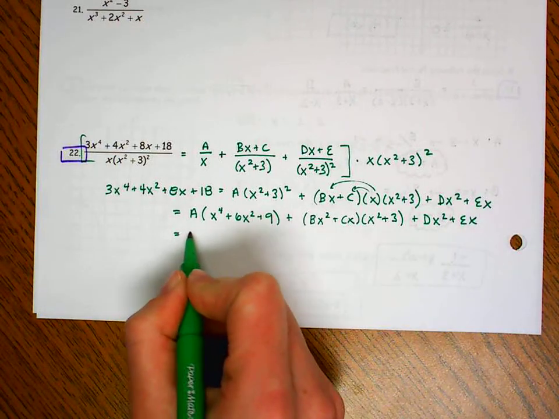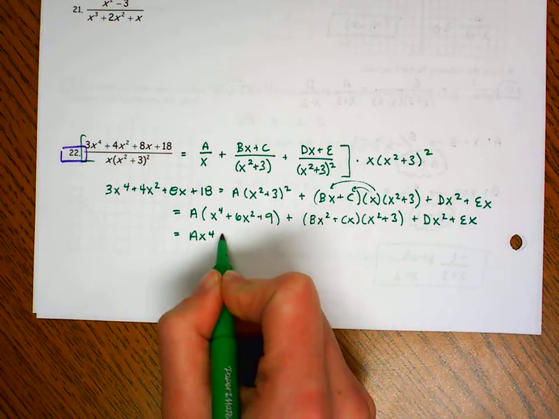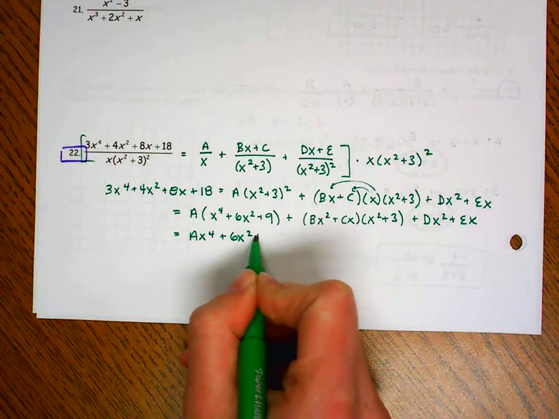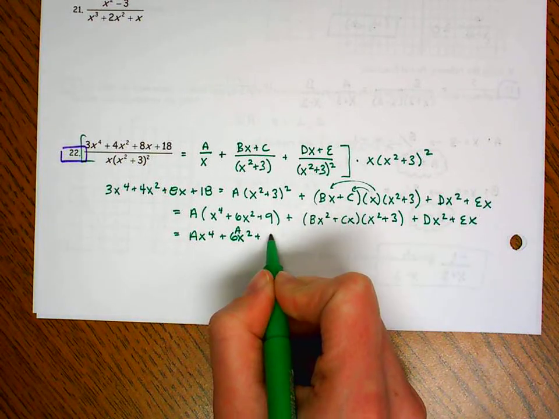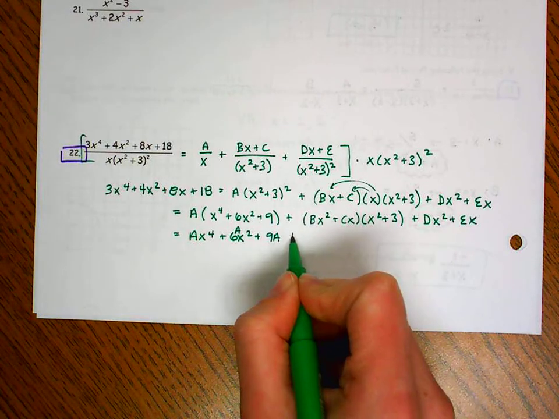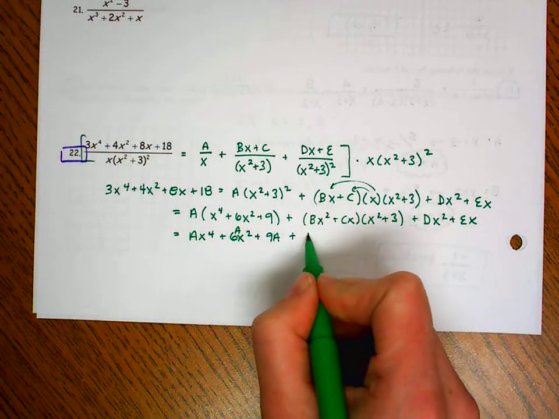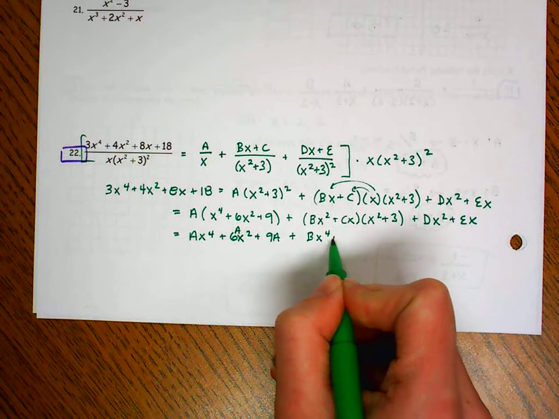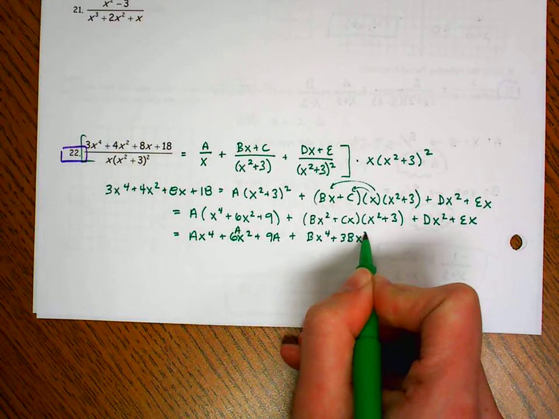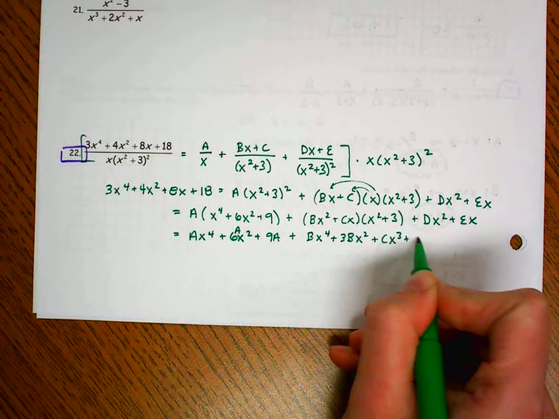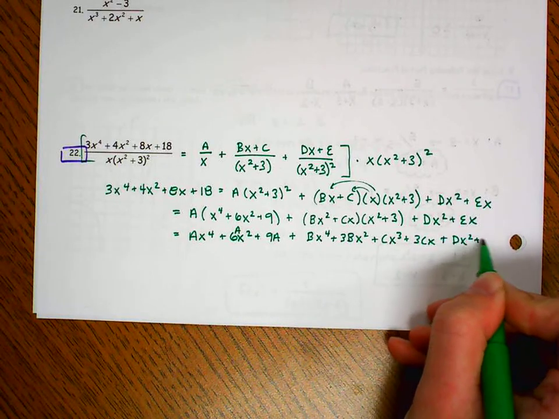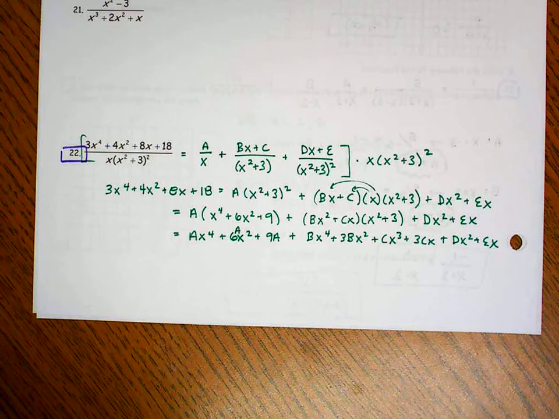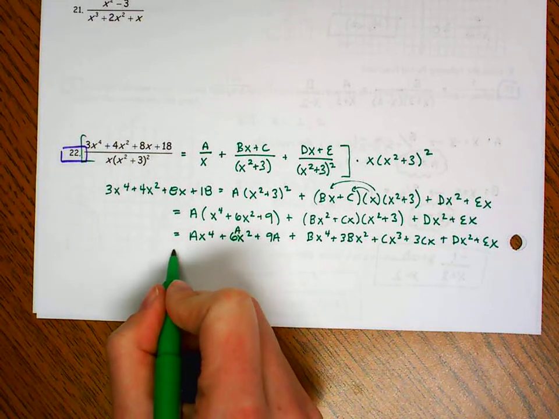Okay, so that's going to give me an ax to the 4th plus 6ax squared plus 9a plus, okay, let's have some fun, bx to the 4th plus 3bx squared plus cx cubed plus 3cx plus dx squared plus ex.